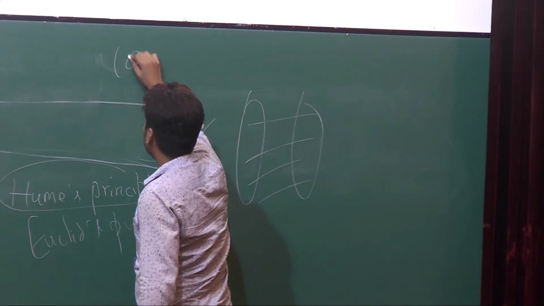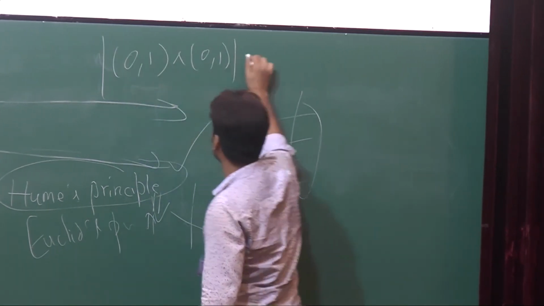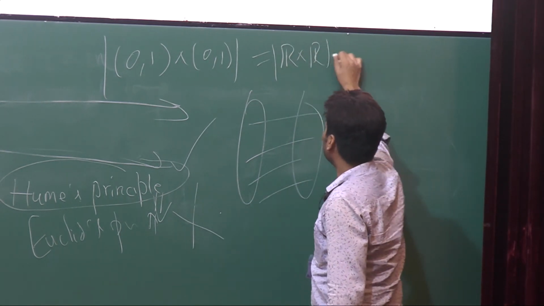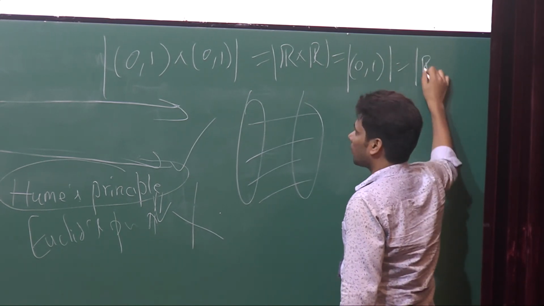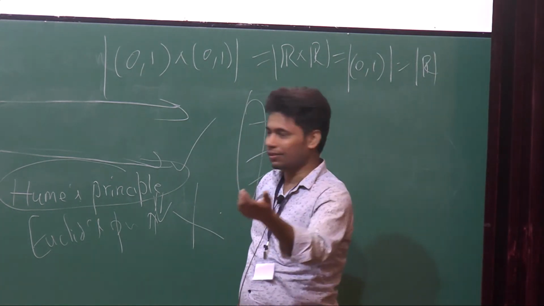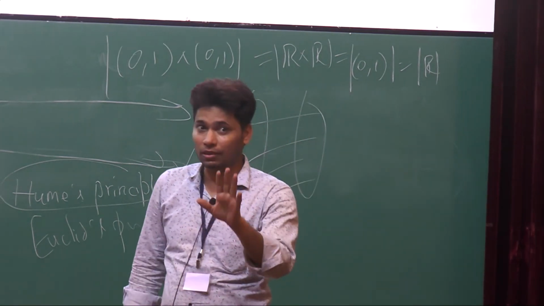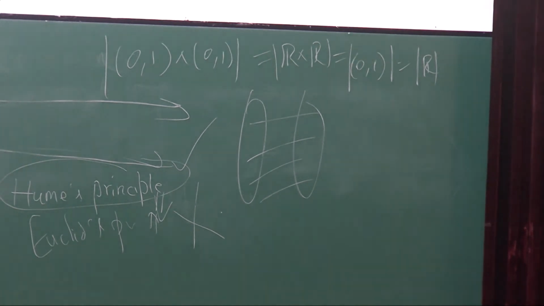Even the cardinality of 0,1 cross 0,1 is equal to that of R cross R, and its cardinality is that of R. It's a very simple proof, just through decimal expansion. It's an artistic proof. We don't have time here, but it's an excellent proof.